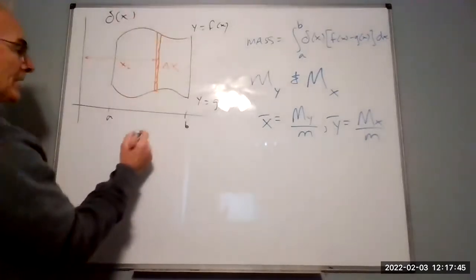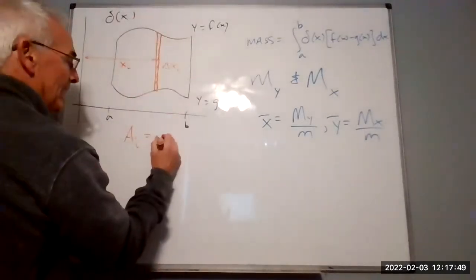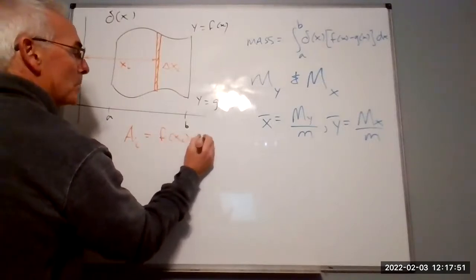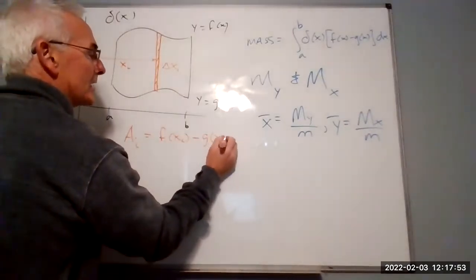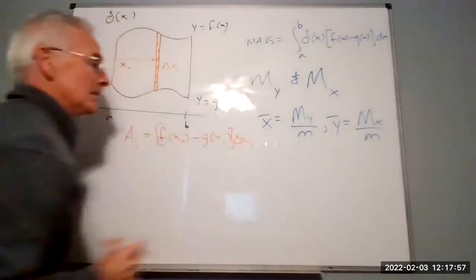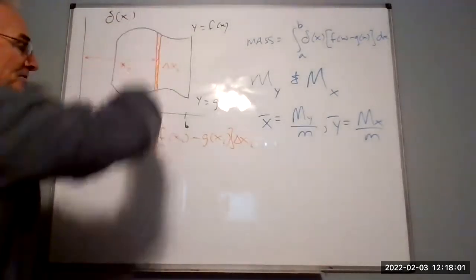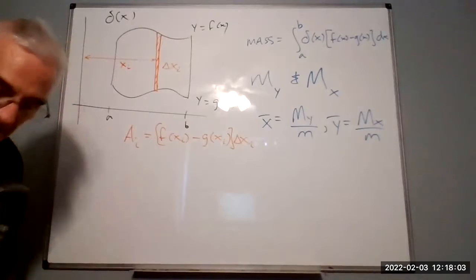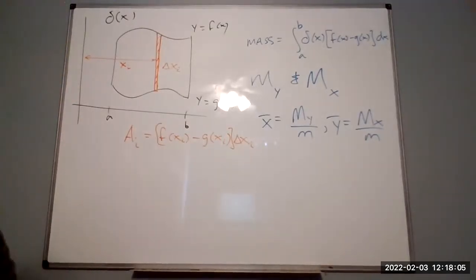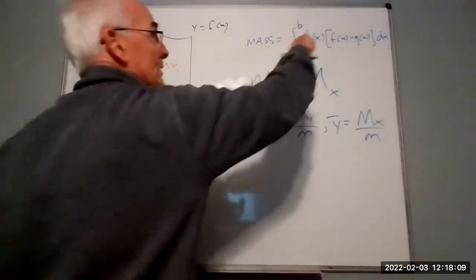And that area, we'll call it the ith area, would be f of xi minus g of xi, that's the height, times delta xi. Think Calc 1 a little bit. So this is the area of that strip. What is the mass of that strip? The mass of that strip we know looks like this.